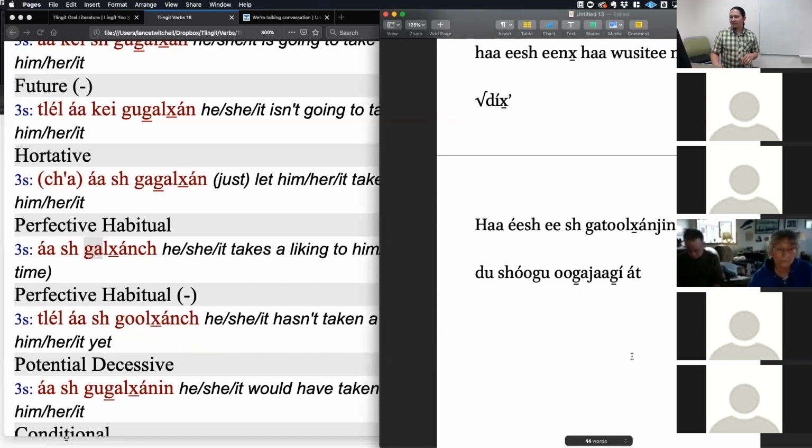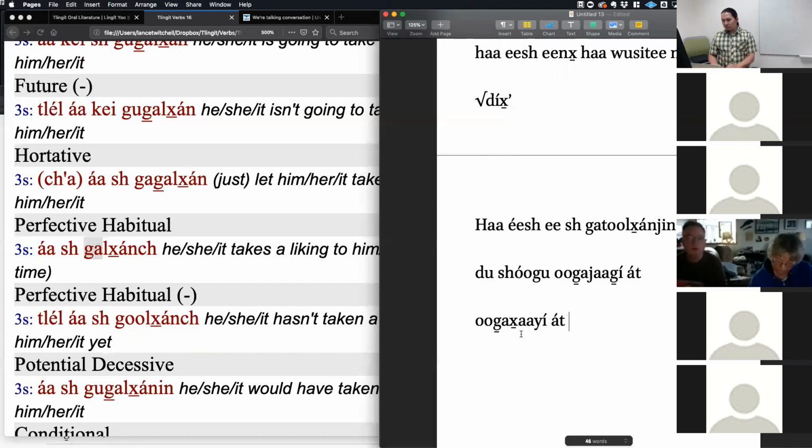That uqajaqi'at is a pretty neat one, and you'll see a similar one with uqachayi'at. That's how that one's spelled. So it's kind of on its own. It's translated as something that she might kill, and then something that she might eat.